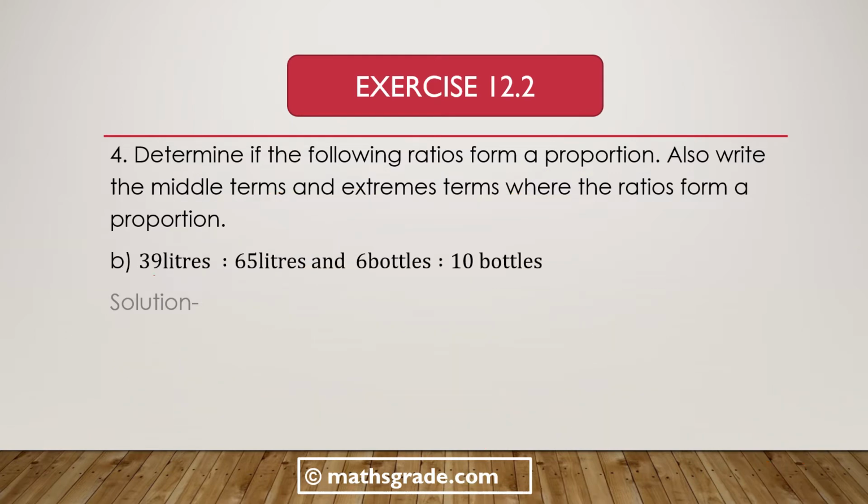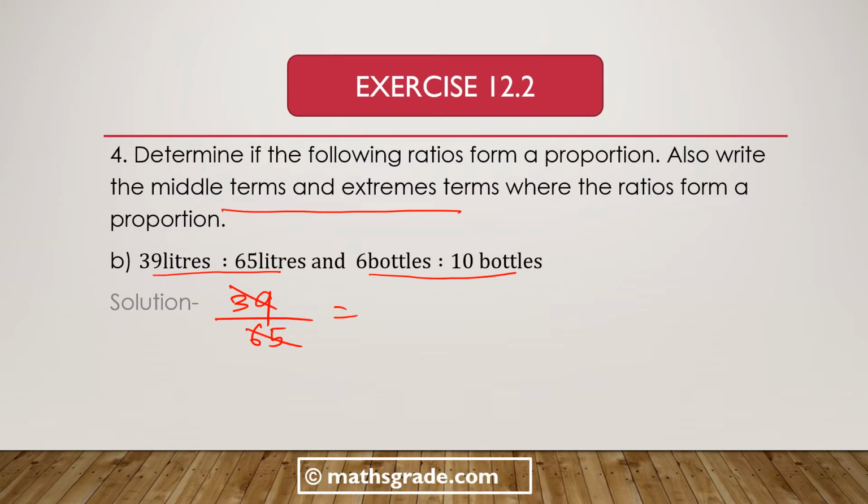Now part B, 39 liters is to 65 liters and 6 bottles is to 10 bottles. We have to check whether these ratios are in proportion or not, and also write the middle terms and the extreme terms. 39 liters divided by 65 liters. Between 39 and 65, 13 is the common factor.